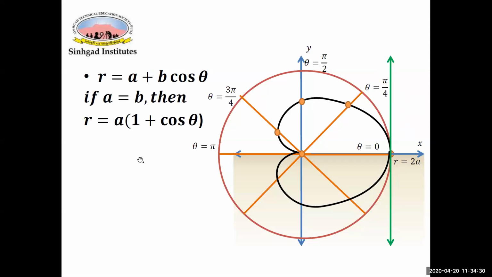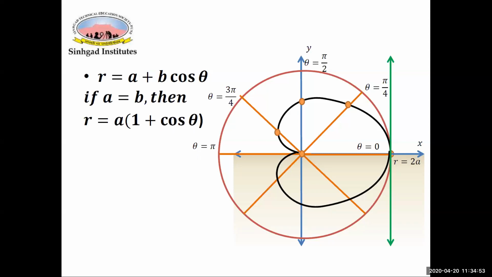First, when a is greater than b, all the values are greater than 0 and hence it will not pass through the pole. For a less than b, somewhere it becomes negative and it enters the negative zone, so it passes through the pole. And for a equal to b also, it passes through the pole. So this is all about the cardioid.